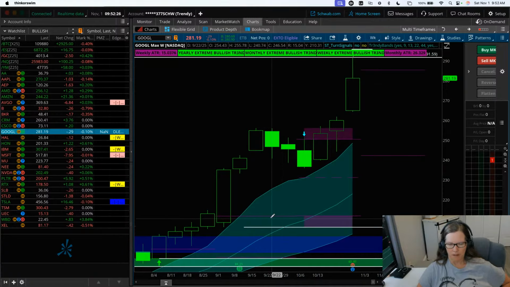All right. So this would have been your zone right here. Just turning the cloud on and boom, up above the lower monthly edge, the upper monthly edge became the target. And so it's drawn for you.